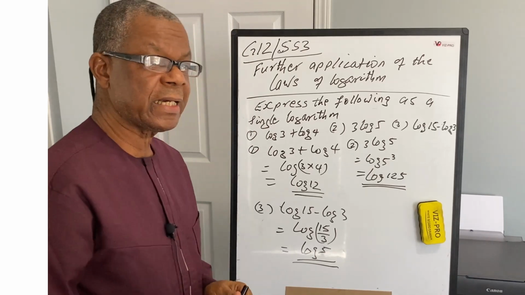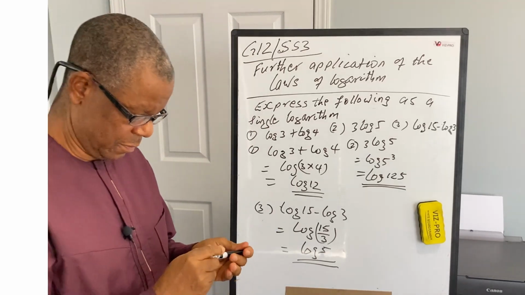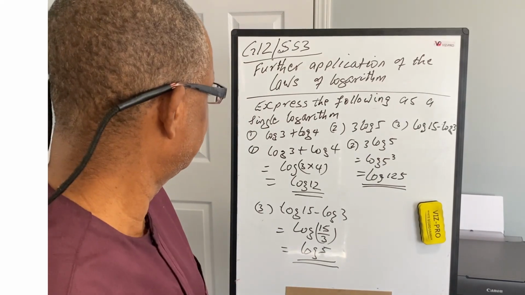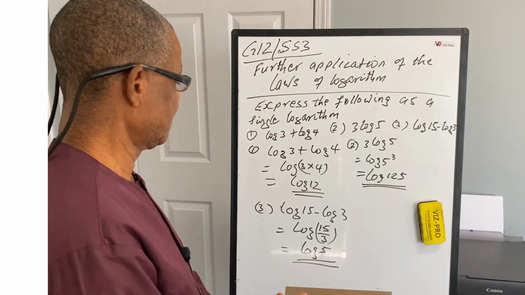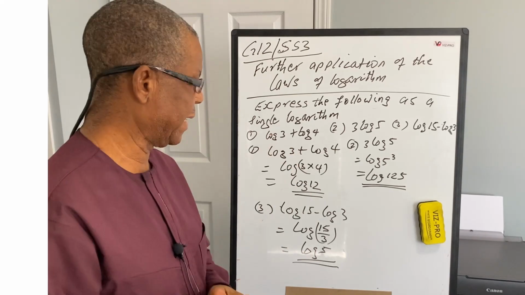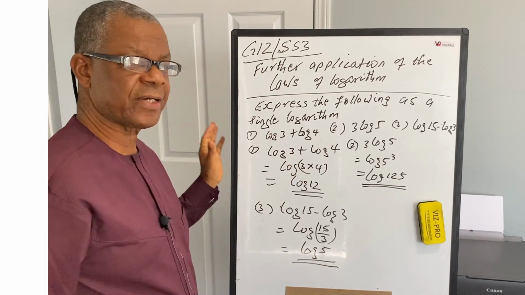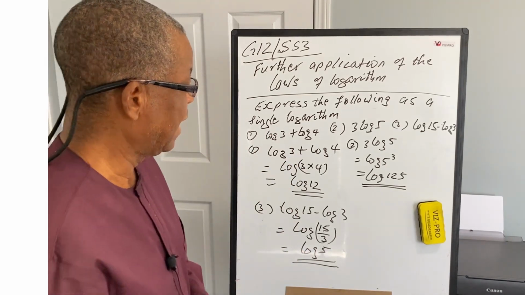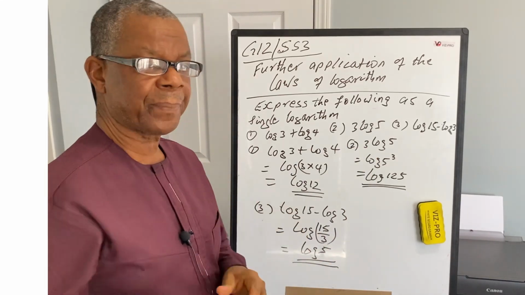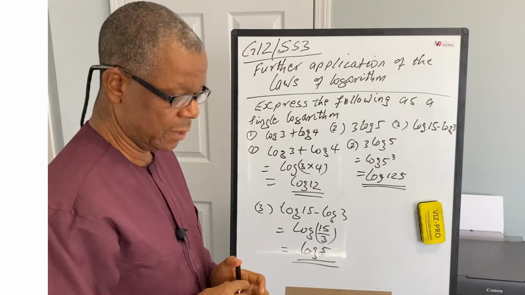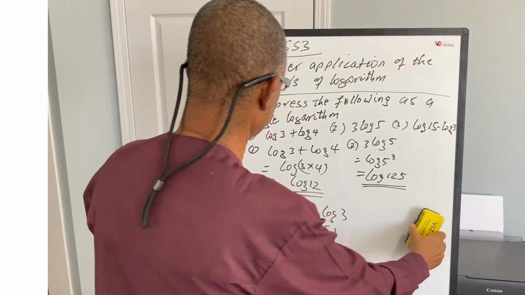We have expressed the given more than one logarithm as a single logarithm. This is where we apply. Here we apply that first law we stated, and here we apply the third law. This other one we applied the second law. We still have other examples.